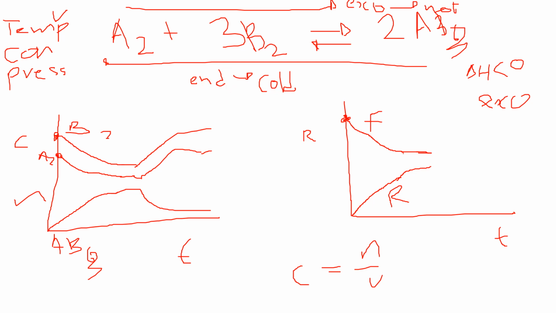So your reverse reaction will increase more, but the forward reaction will also increase. Because the reverse reaction is favored, it is increased more. Then the reverse reaction will start to reach its new equilibrium state, and the forward reaction will do the same and reach its new equilibrium state.